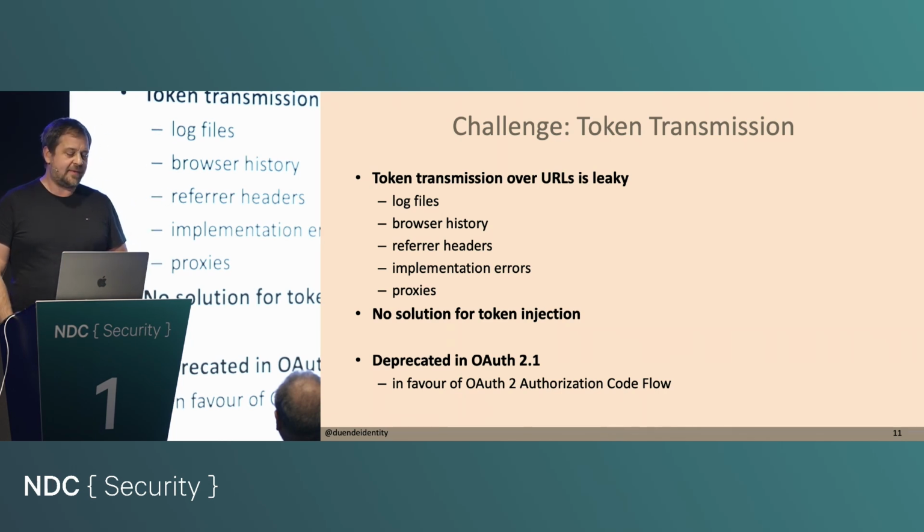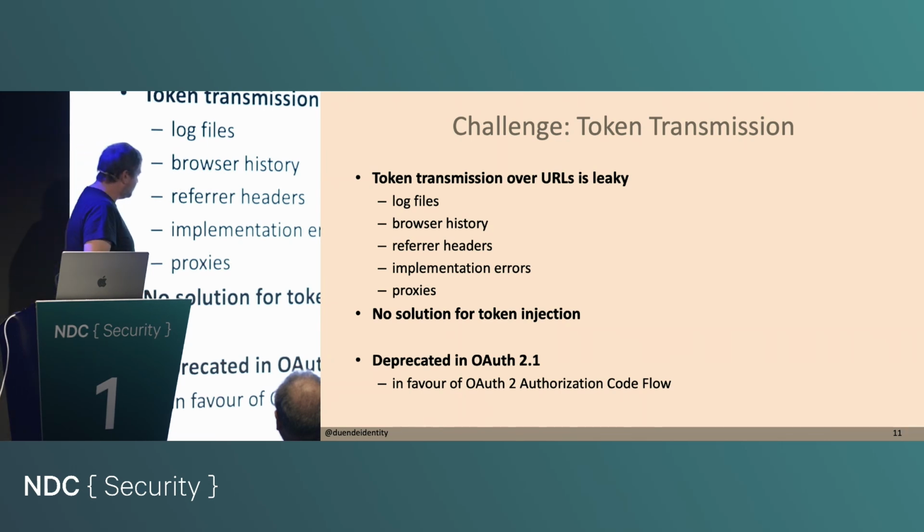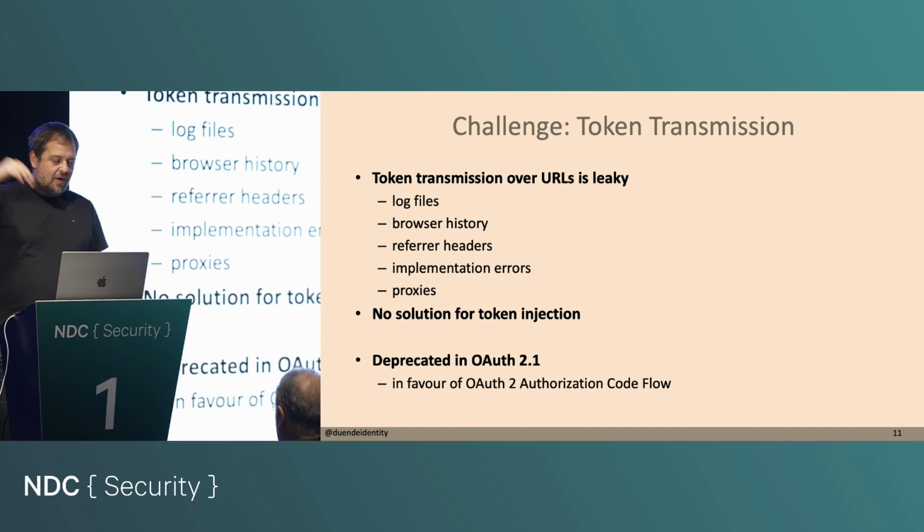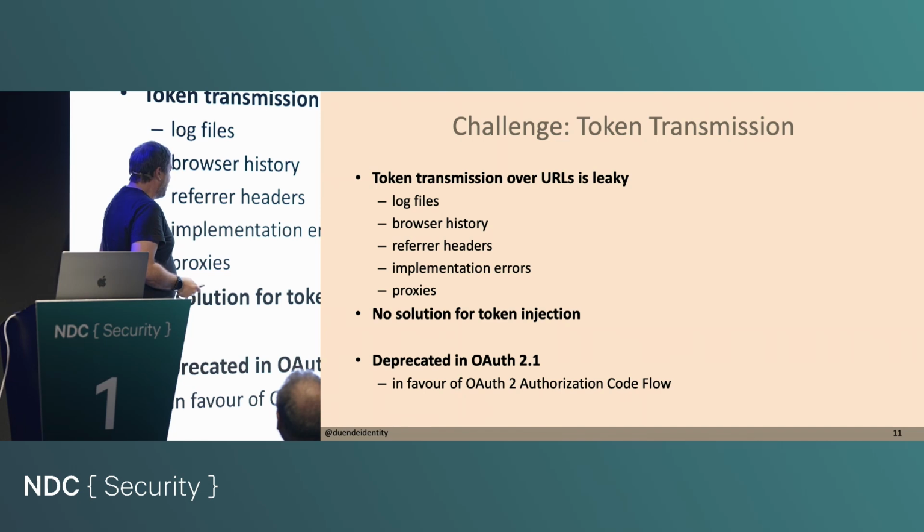So the first thing they tried to fix, fast forwarding to today, is they deprecated this flow altogether, because they thought the only reason we invented this flow was because certain things did not exist back then, for example cross-origin AJAX calls. So they said, now we have that, we don't need this anymore, and we can make this much better.